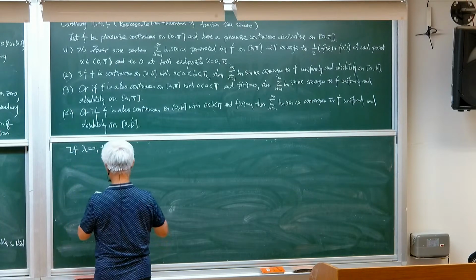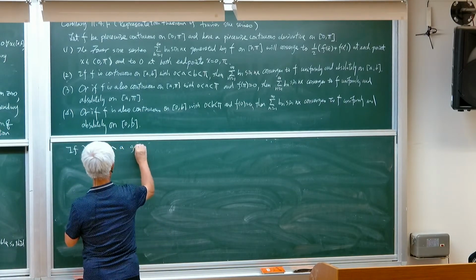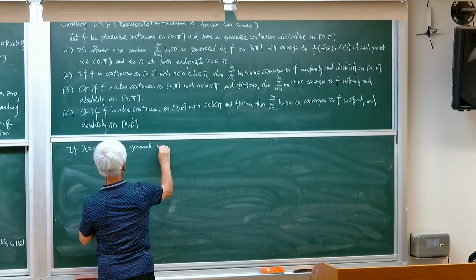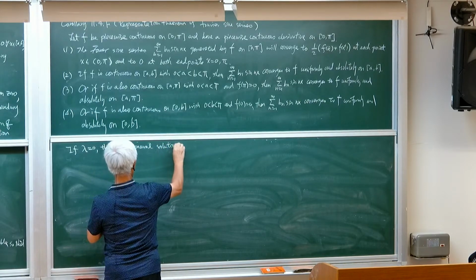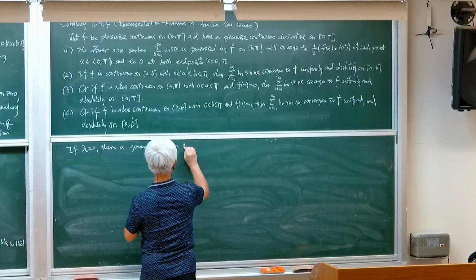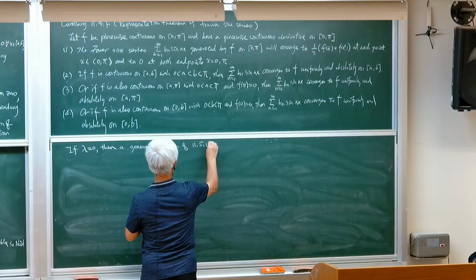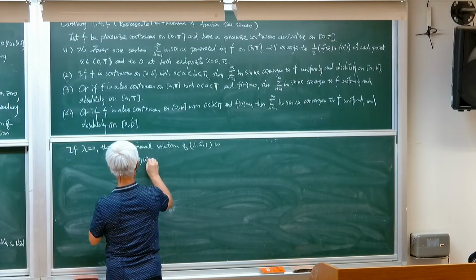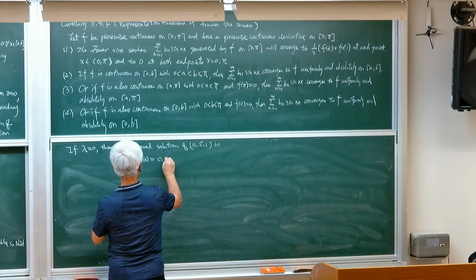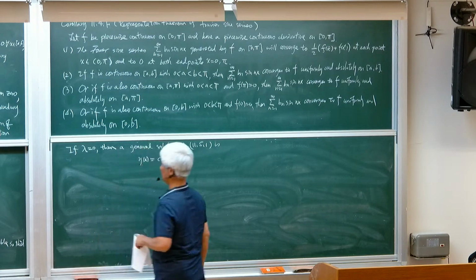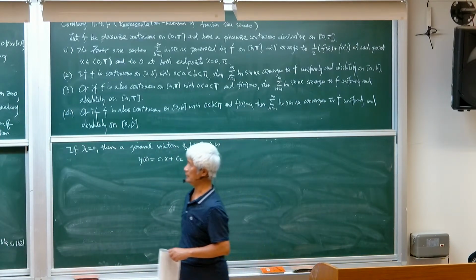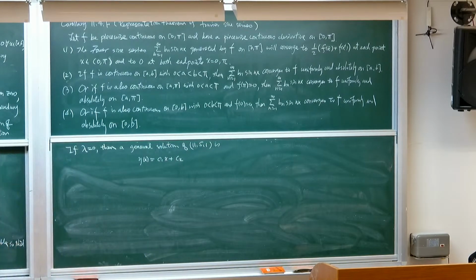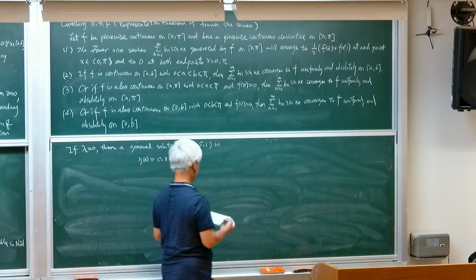Then a general solution of 11.5.1 is y of x equal to c1 x plus c2. So it's a linear function because the second derivative is equal to 0.